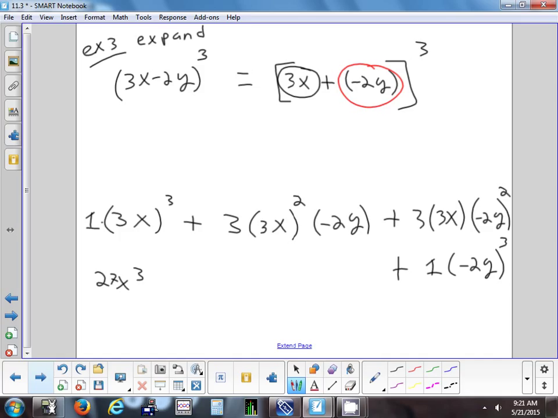But you can multiply that by negative 2. How do you want to do it? Negative 54. Good. Negative 54xy. And make sure it's x squared. So 3 squared is 9 times 3 is 27 times negative 2 is negative 54x squared y.